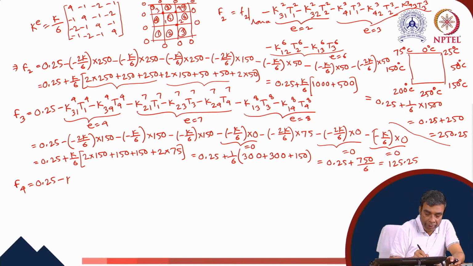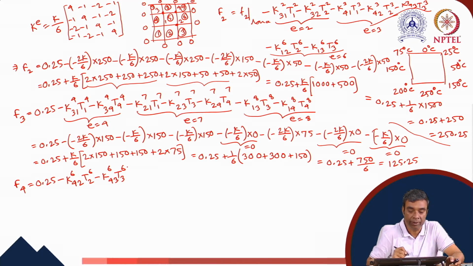So minus K426 T26 minus K436 T36. This is contribution from the sixth element: K426 T26 minus K436 T36.